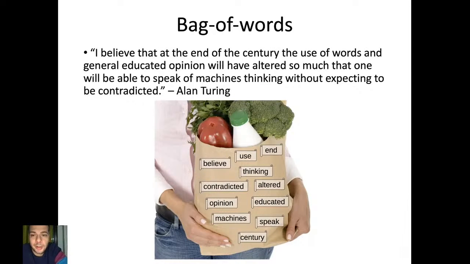So if we look at this text representation, we can build this bag of words. The name of the representation comes from the fact that this histogram of words loses the order of words in the text.